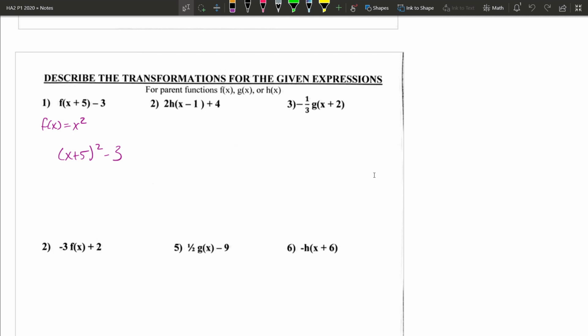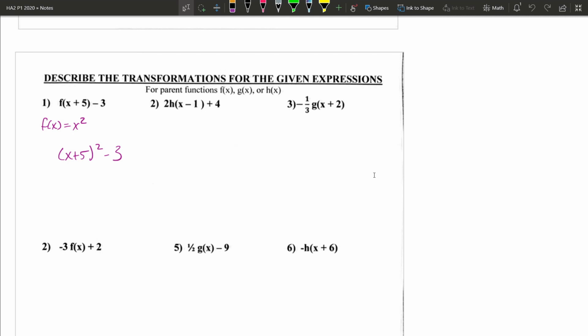The minus 1 with the x is going to be a shift right 1. And the plus 4 is going to be a vertical shift up 4. So you don't even need to know the parent function to know what the transformation is going to be. This is the only real change from the beginning of the year: now I can ask you to do this without giving you necessarily all of the information.